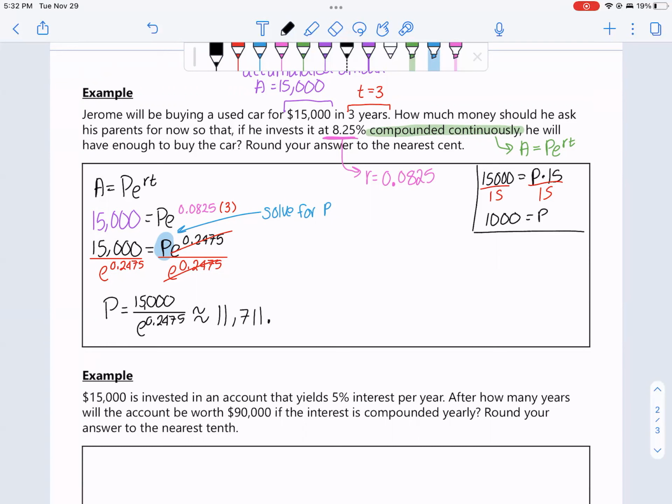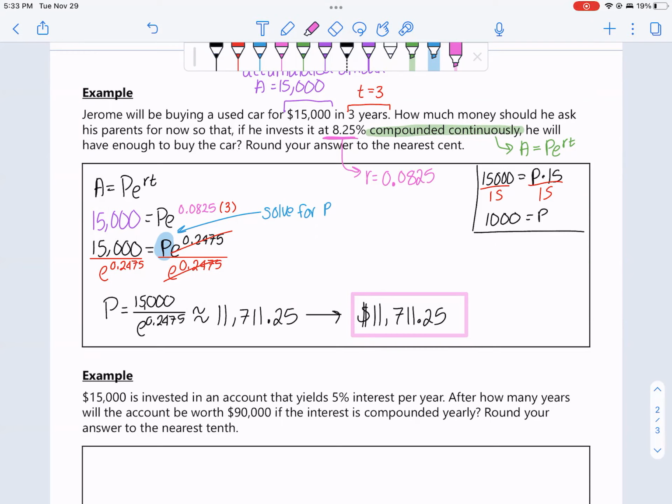And we're rounding to the nearest cent, so 0.25. So $11,711.25. That is how much money Jerome needs to ask his parents for if he wants to buy a $15,000 car in 3 years, and he found a place that was giving him 8.25% compounded continuously.